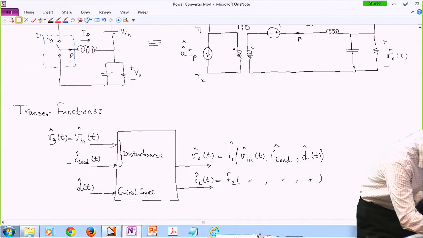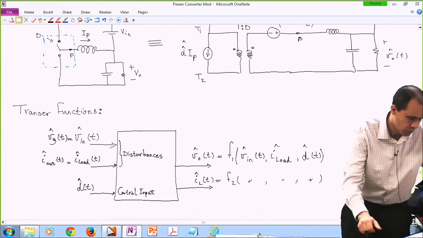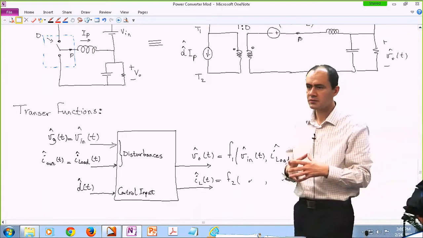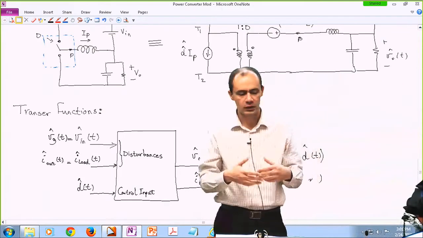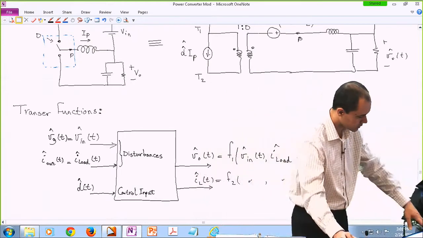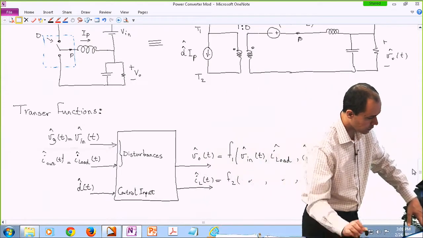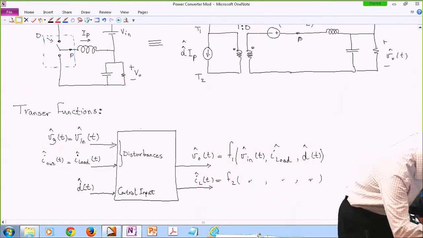And I_load and I_out are the same, so this part is not confusing. All right. So we are identifying our system has 3 inputs, 1 output, or in a more general case, 2 outputs. And we know that the small signal model that we develop is an LTI system.